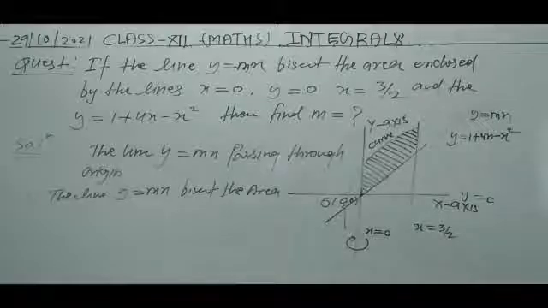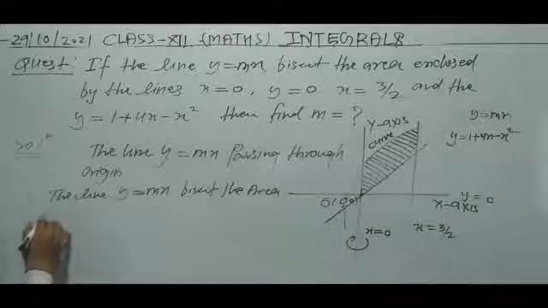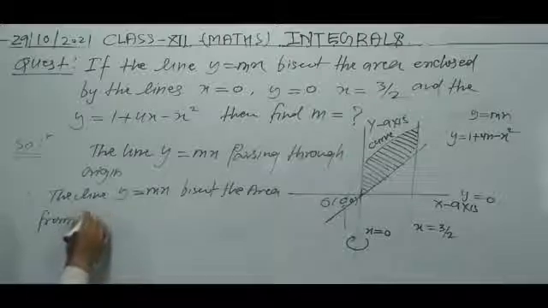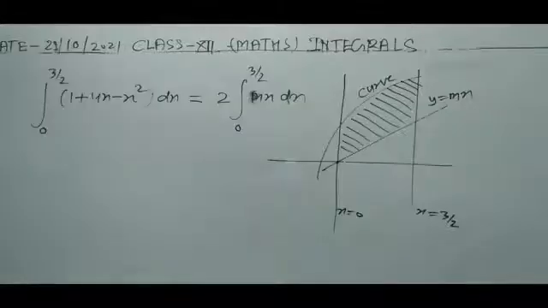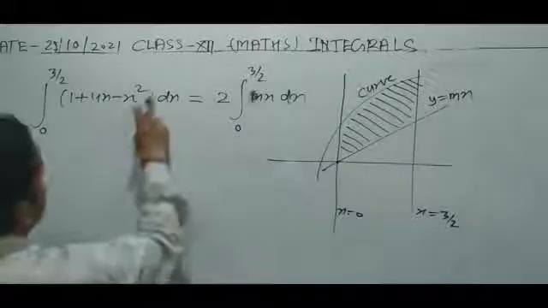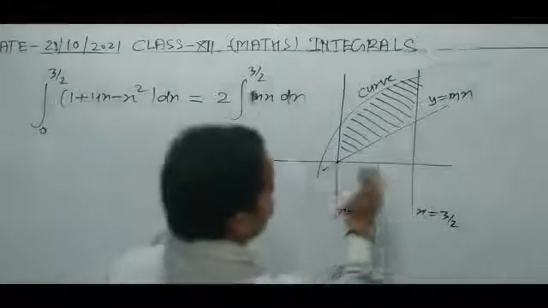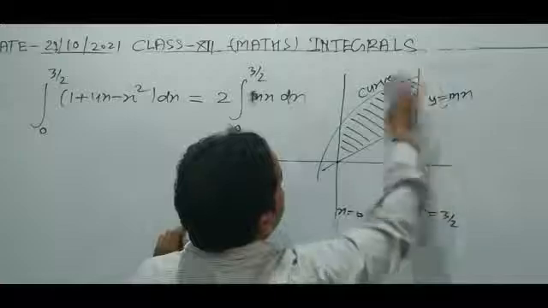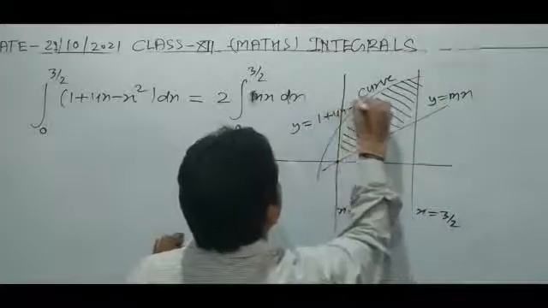So from the question or from the figure, we can write integration over 0 to 3 by 2 of this curve, and the curve equation is y is equal to 1 plus 4x minus x square.